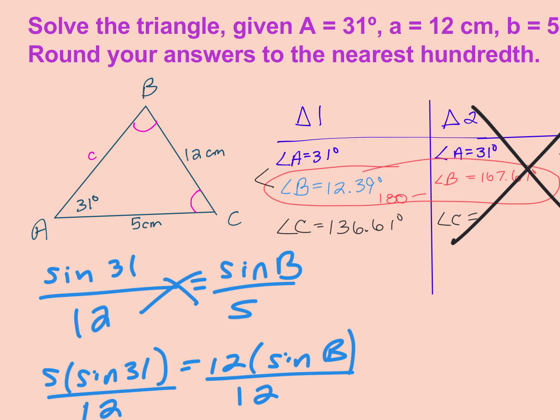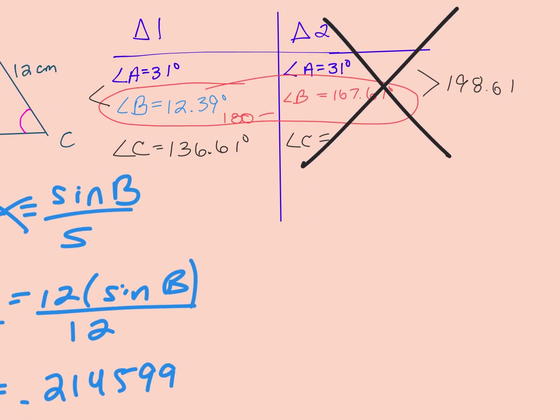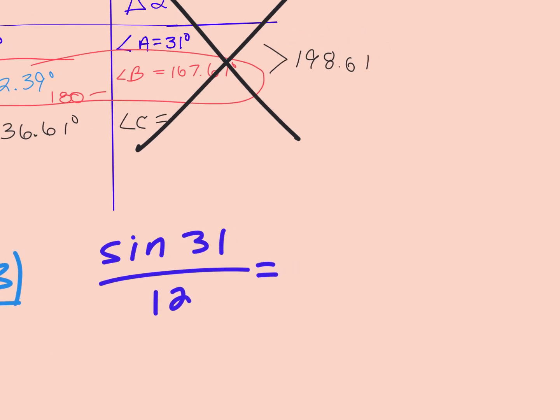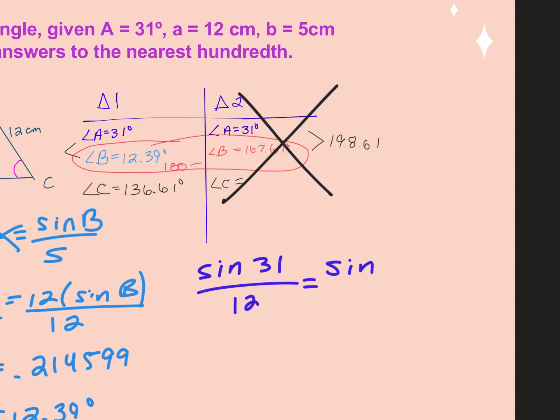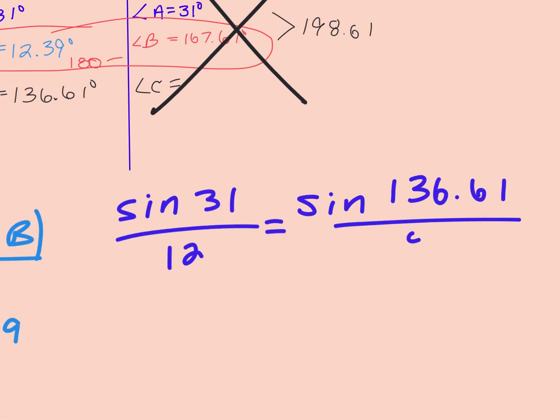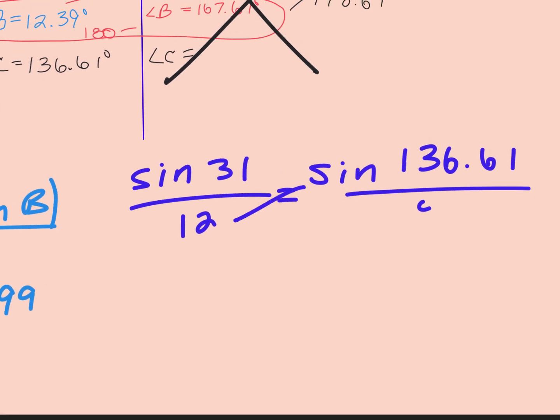Side C. Okay, so set up your original proportion: the sine of 31 over 12 equals, I just figured out what C was, so sine of 136.61 over little c. And again, how do we solve these proportions? Cross multiply.